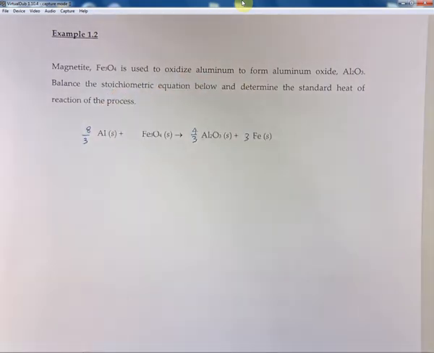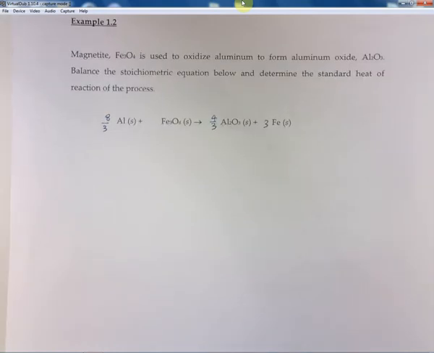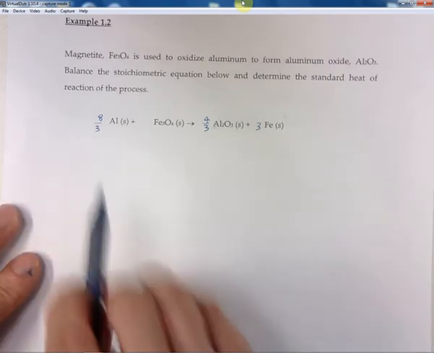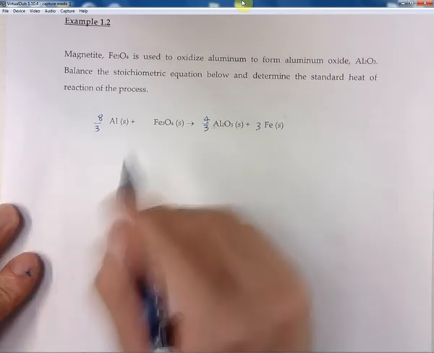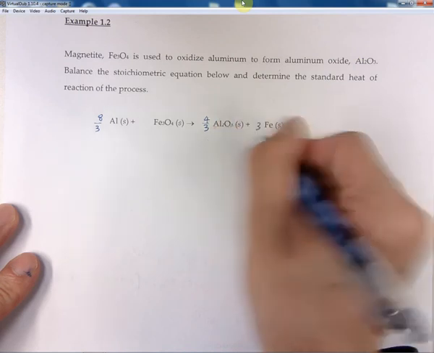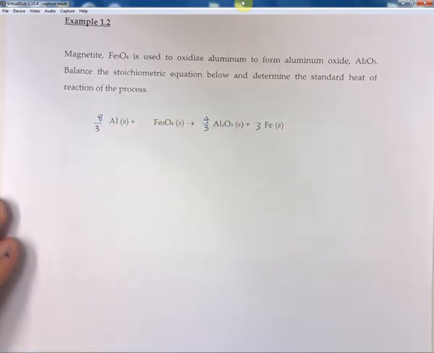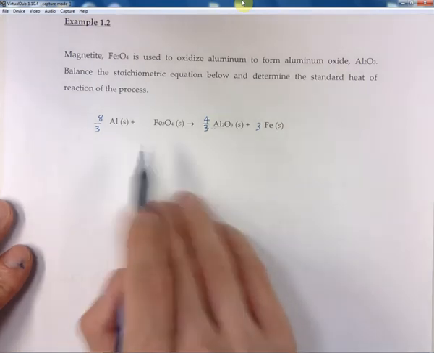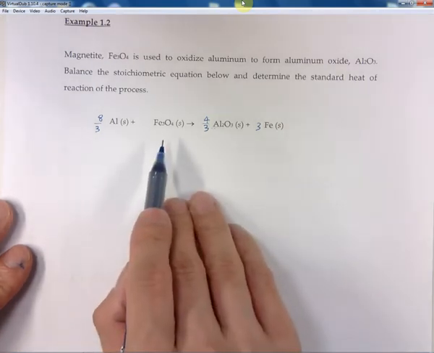Yeah, this is the balanced equation over here. When we balance this, you realize that there are some non-integer values over here. The reason is that we want to find for 1 mole of magnetite.